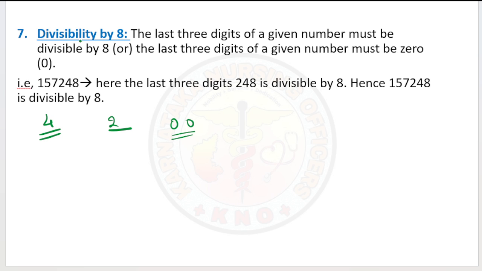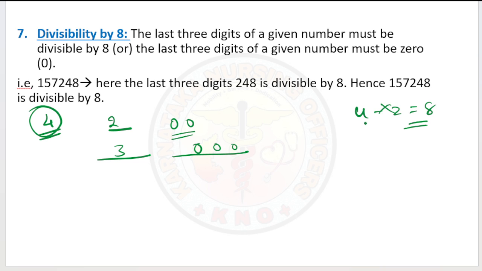For divisibility by 8, we have to look at the last 3 digits, or the last 3 zeros, of a given number. Then we can say that the number is divisible by 8. 8 is a multiple of 4, correct? 4 times 2 is 8.